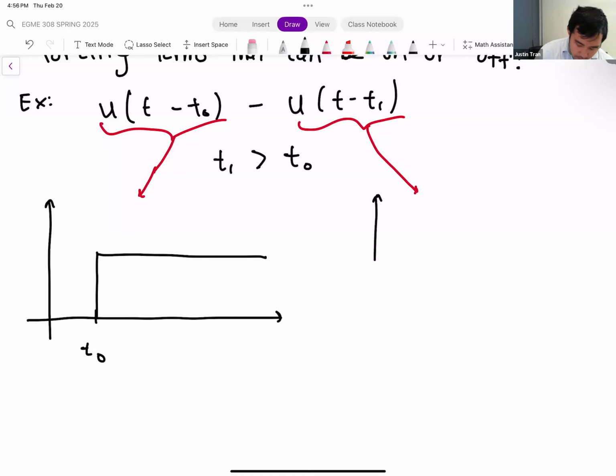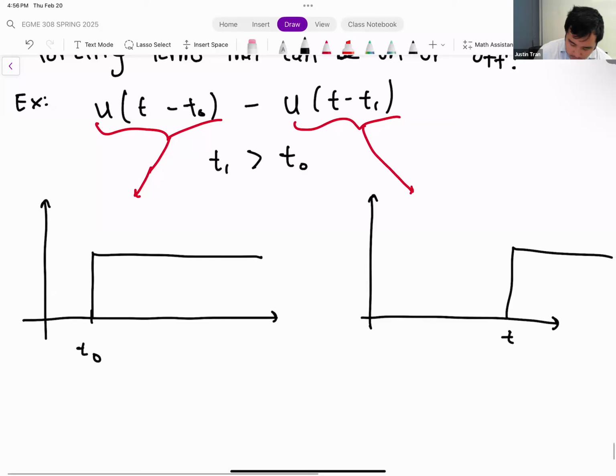Let's say this is t1, which occurs somewhere beyond there. Let me mark t1 on this other plot as well, somewhere over here.